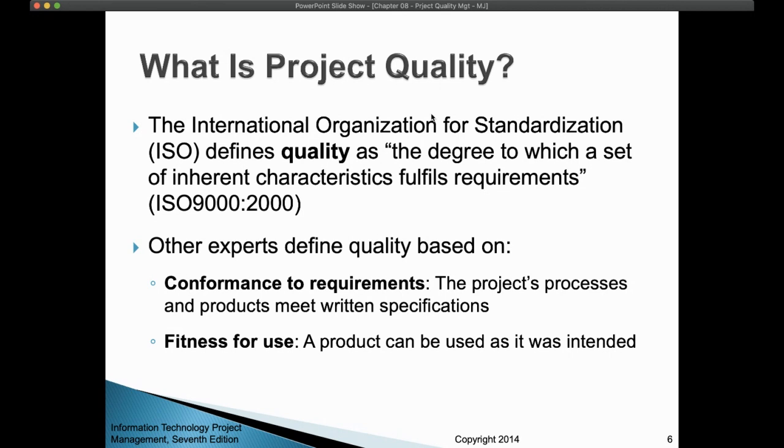What do you require in a car? And then how you produce that car. The process has to follow some written specifications, and the product has to meet certain specifications, some requirements. This is the conformance. So conformance is a key aspect of quality.